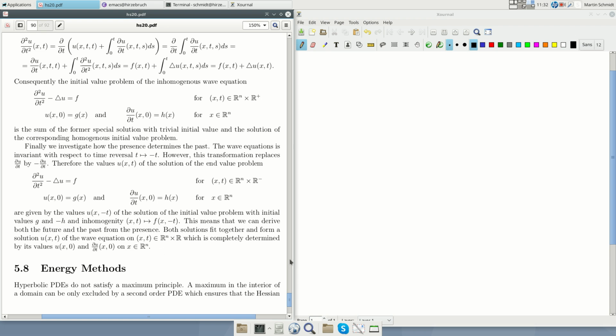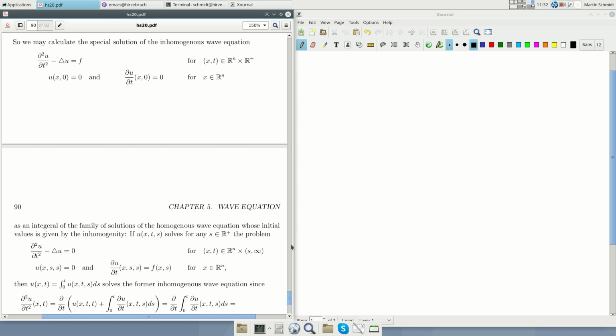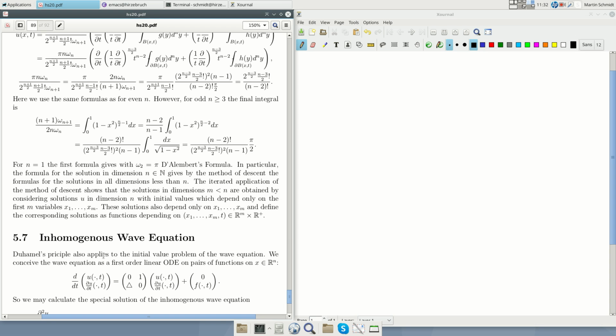Okay, so what have we done today? We understood how we transform with Duhamel's principle, how we calculate solutions of the initial value problems in terms of the inhomogeneous wave equation, in terms of solutions of homogeneous wave equations.